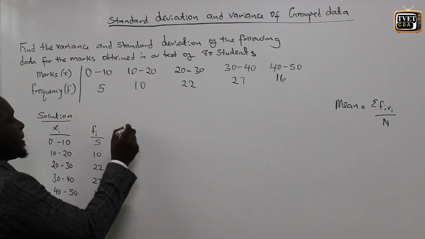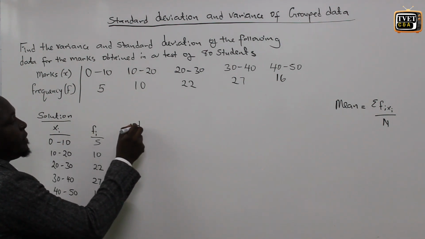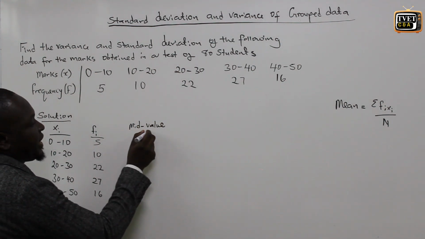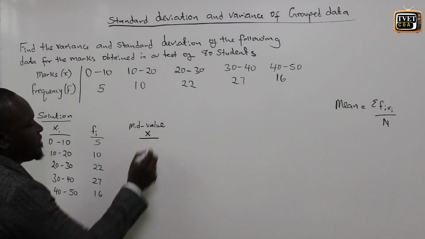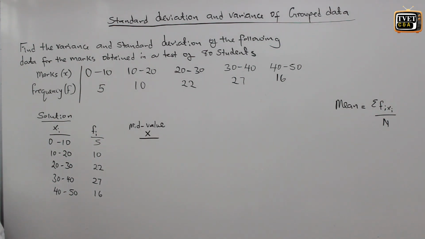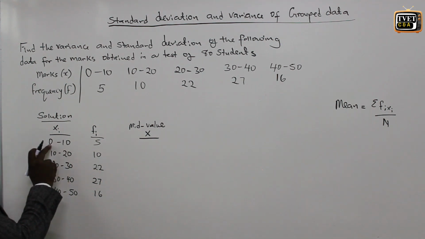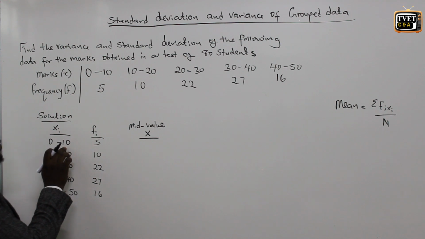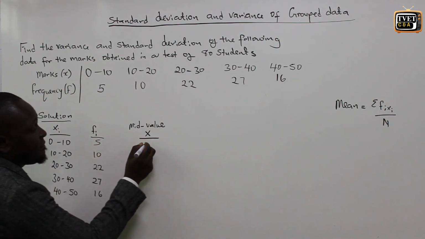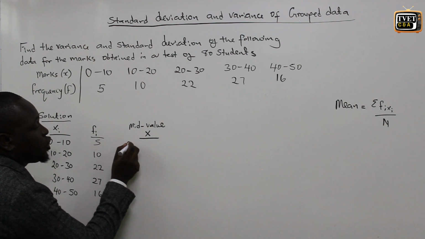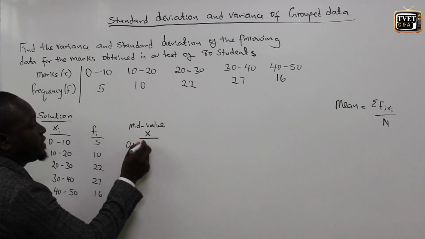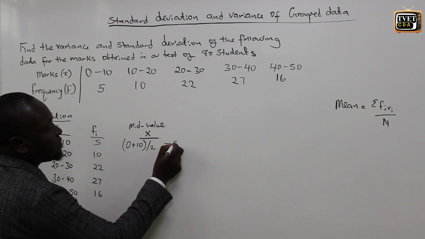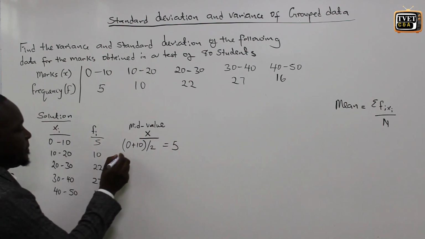Here we say mid value, which we'll call our x variable. 0 plus 10 is 10, divided by 2, you get 5.